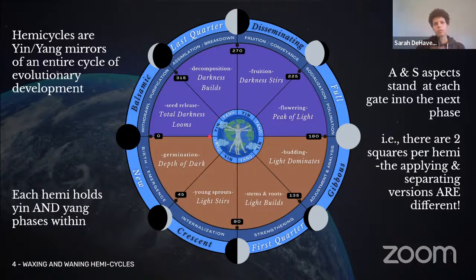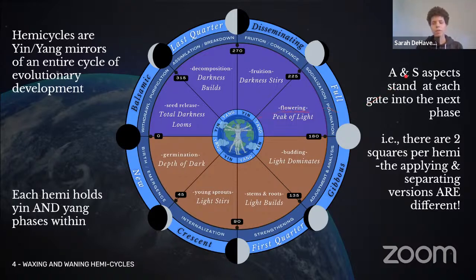So even within the first hemicycle, that waxing phase, it's largely yang. There's still this kind of sine wave, this inward outward motion that's happening, right? This outward moving and then inward moving energy. So it shows us the importance of yin and yang when it comes to growth.